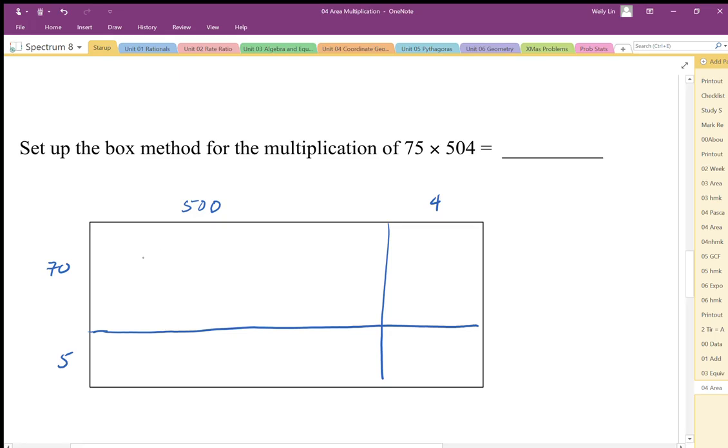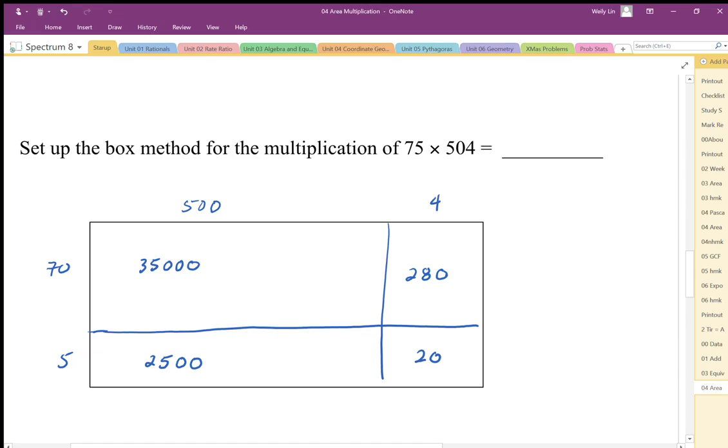So here we get 5 times 7 is 35, and we annex 1, 2, 3 zeros. Okay, 500 times 5 is 2500. Okay, 7 times 4, or 4 times 70, is 280. 4 times 5 is 20.